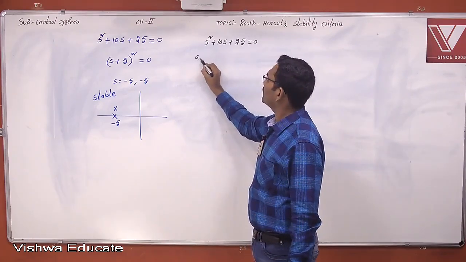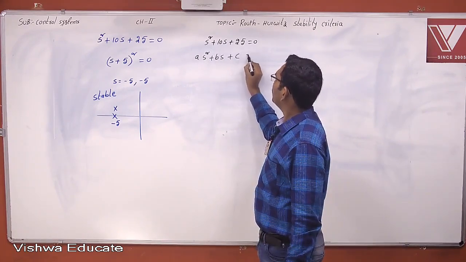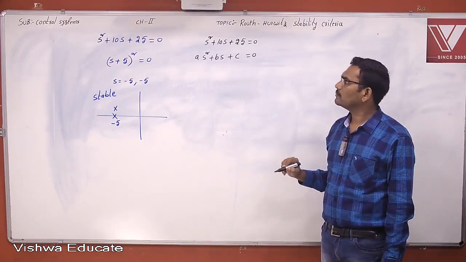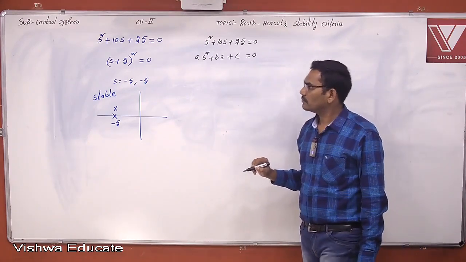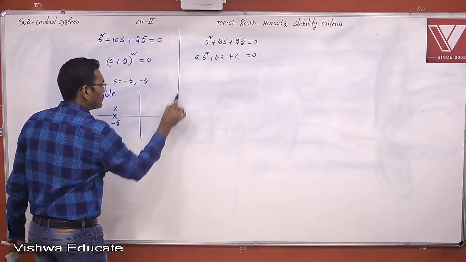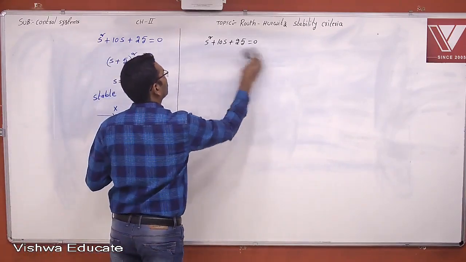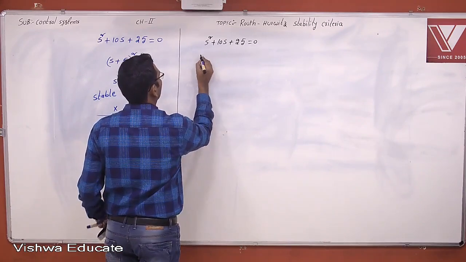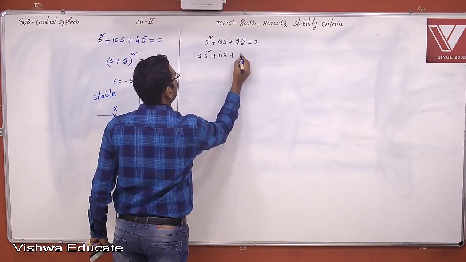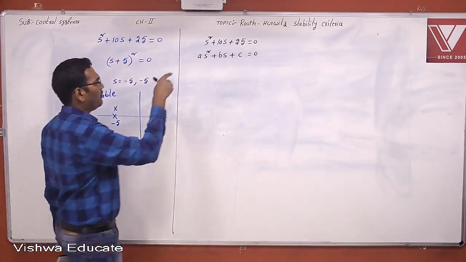This is nothing but as square plus bs plus c equal to 0. Now this is the characteristic equation of order 2. Now I can compare with this.